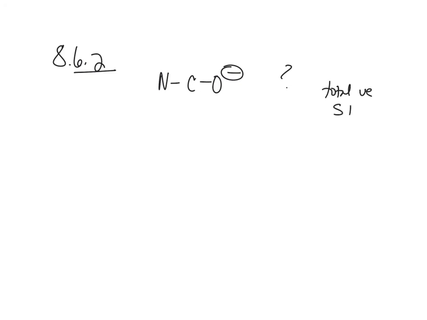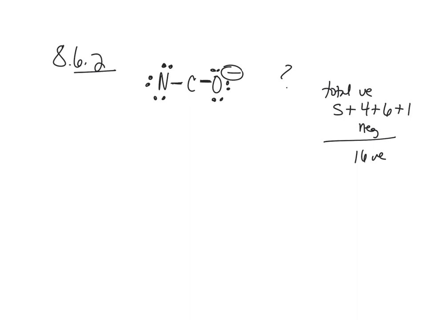Nitrogen's 5, carbon is 4, oxygen's 6, and then we have a plus 1 because of the negative charge. So we have 16 valence electrons. So now we do 1, 2, 3, 4, 5, 6, 7, 8, 9, 10, 11, 12, 13, 14, 15, 16.